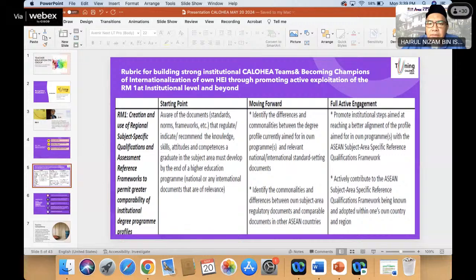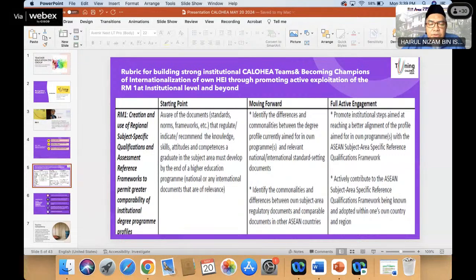For example, we have arts in education, with different majors: history, geography, Bahasa Melayu.